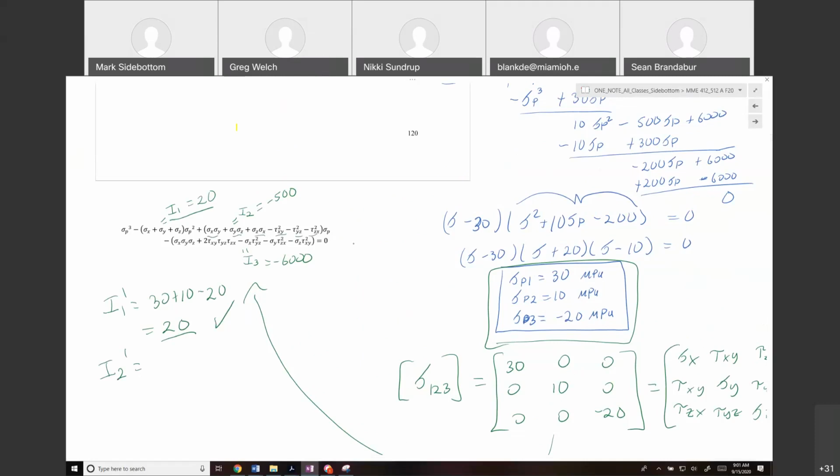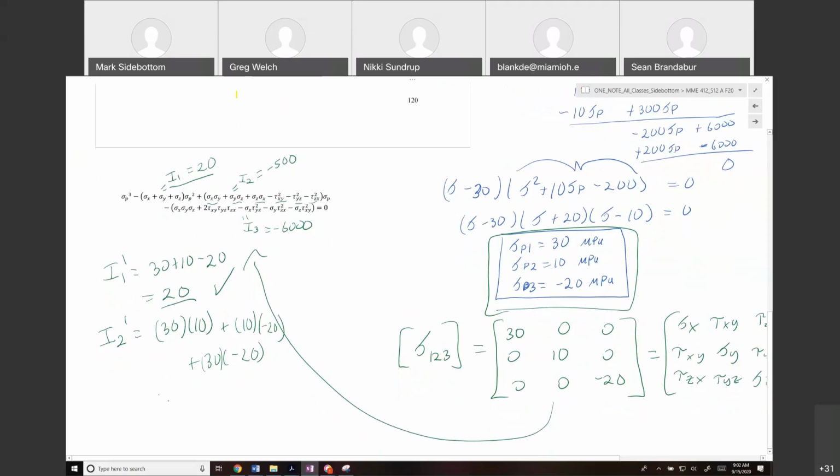The first term would be 30 times 10, the second term would be 10 times negative 20, and the last term would be 30 times negative 20. If we multiply all that out, we get 300 minus 200 minus 600, which is equal to minus 500. That's the same as our original value, so that's good.